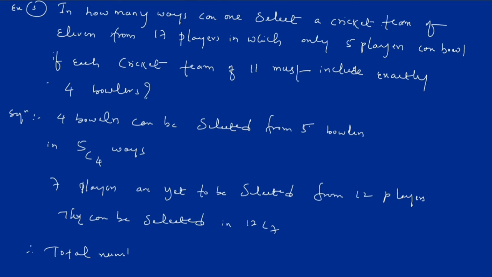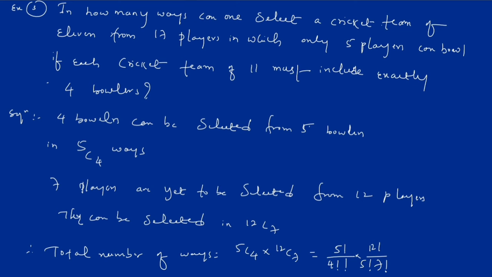So total number of ways is 5C4 into 12C7, which is equal to 5 factorial upon 4 factorial into 1 factorial, into 12 factorial upon 5 factorial into 7 factorial.